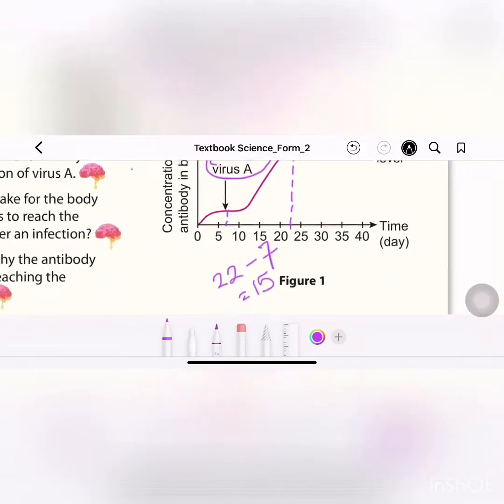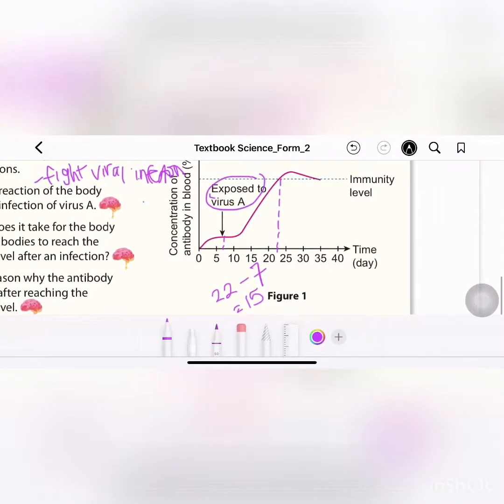So I make a calculation like this. Immunity level is the blue dotted line. So I assume the immunity level is reached on day 22 or 23. So you can either assume this is 23 minus 7, let's say. So this one is 16 days.